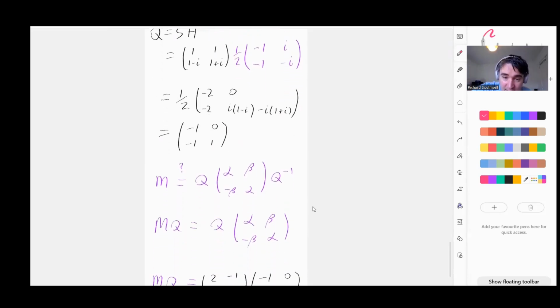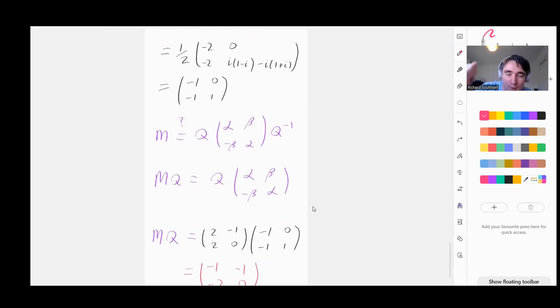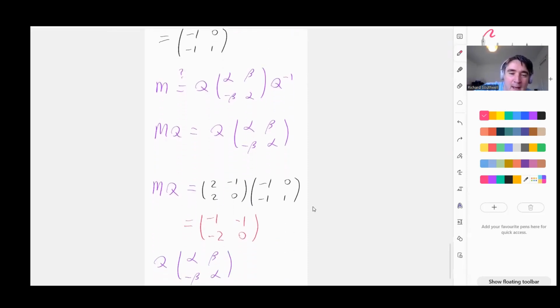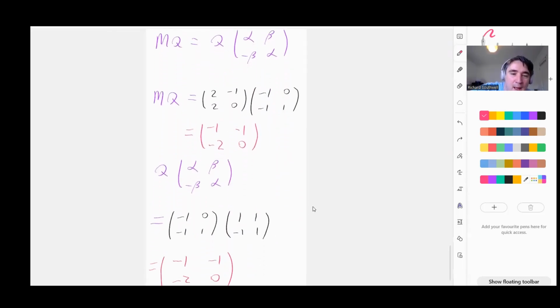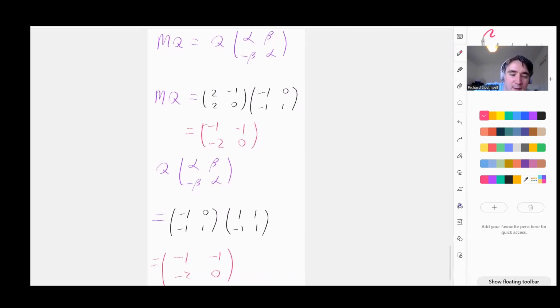So to finish this, we want to check that this equation is true. Well, we do the same thing we've done before. We multiply both sides on the right by Q. And indeed, MQ is the same as Q times our rotation matrix.